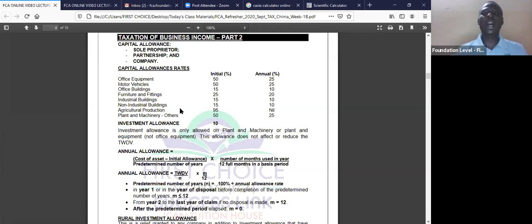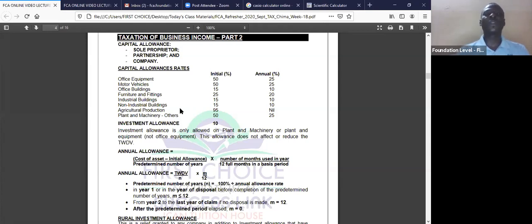But when it comes to annual allowance, you have to prorate. How do you get your annual allowance? First of all, you have to know the cost of the assets. Then you deduct your initial allowance. When you deduct your initial allowance from cost of the assets, the result is called depreciable value. You now divide it by the predetermined number of years.